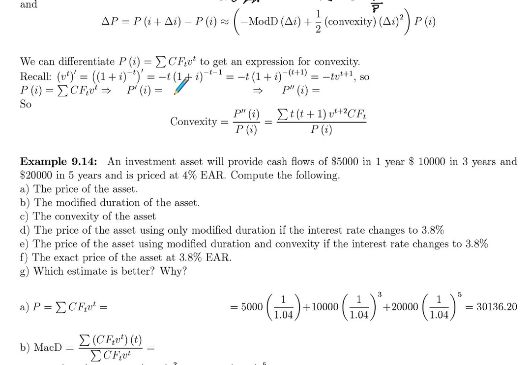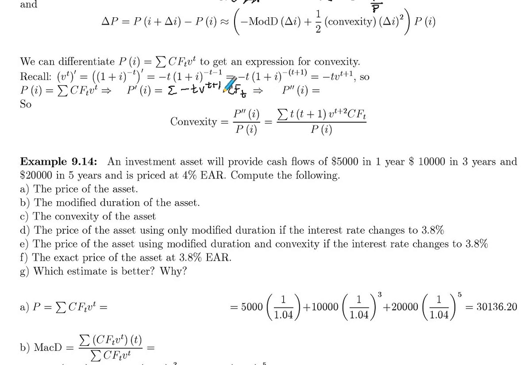So our P prime here is going to be the sum of, and actually why don't we take this cash flow and move it to the other side of v to the t and just take the derivative of v to the t. So the derivative of v to the t is going to be minus t v to the t plus 1. Okay, that's by this formula. And then times that cash flow at time t.